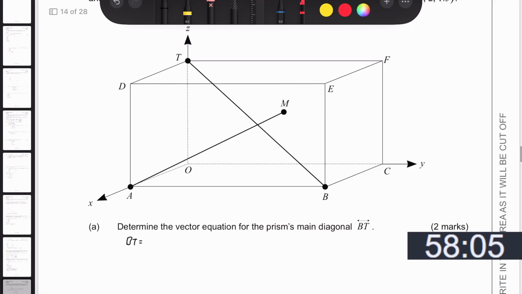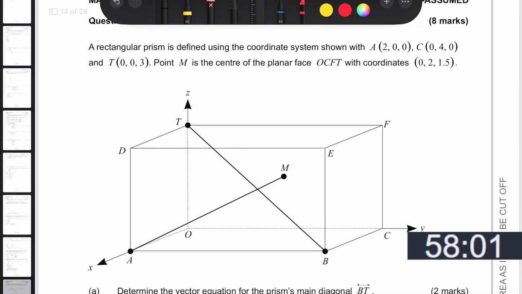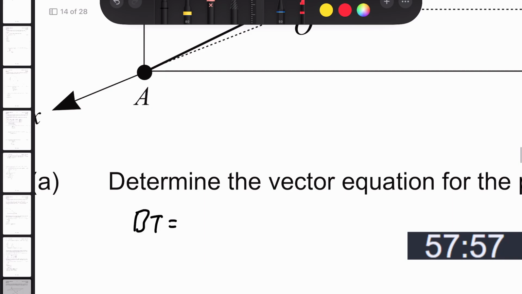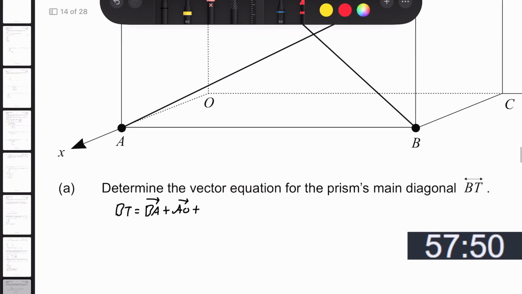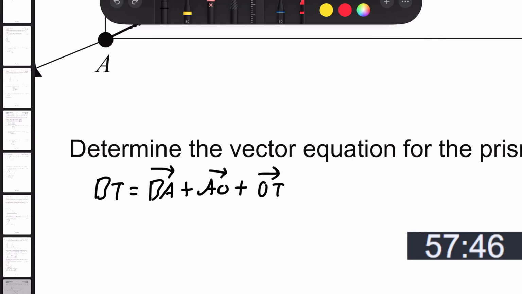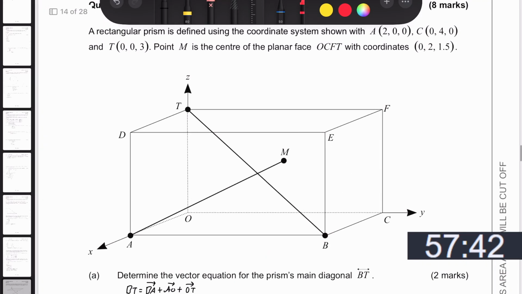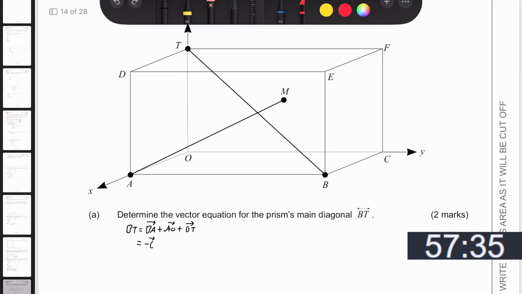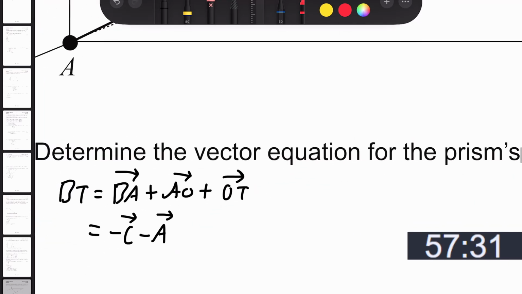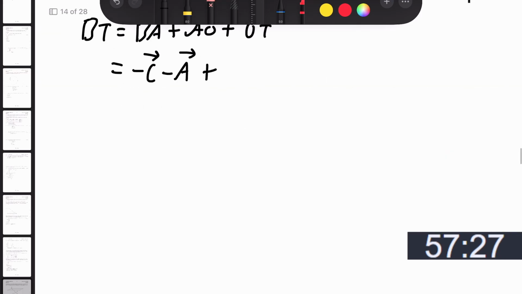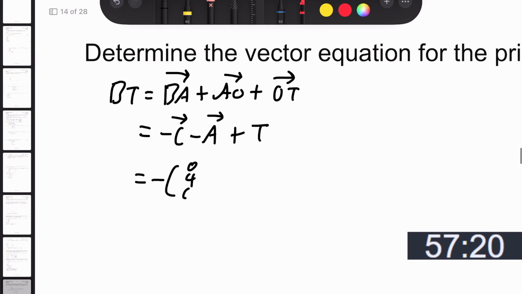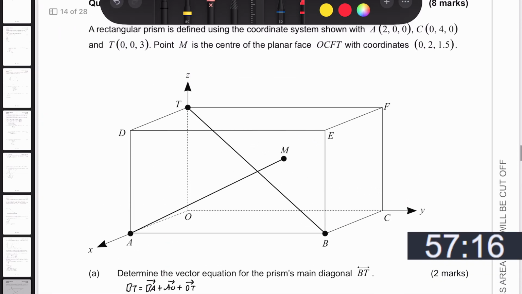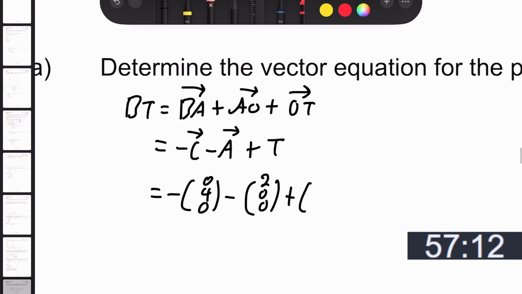So B to T is equal to BA plus AO plus O to T, which is equal to, so BA is negative C, and then minus A plus T. So this is going to be negative 0, 4, 0 minus 2, 0, 0 plus 0, 0, 3.